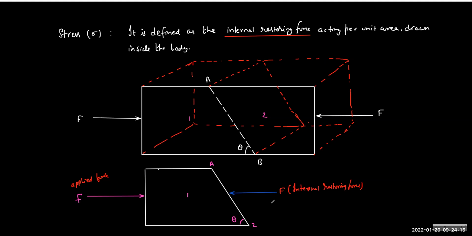So luckily, the internal restoring force is exactly equal to the applied force, even for any random cross section taken. If I call this area A, what will be this area? Can you tell me this area? A dash is the slant area.